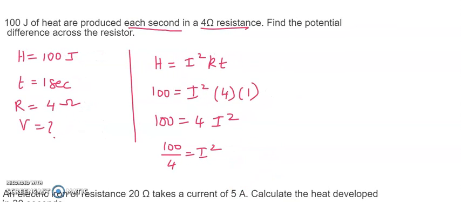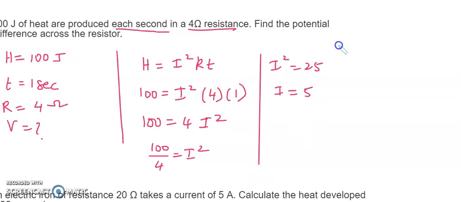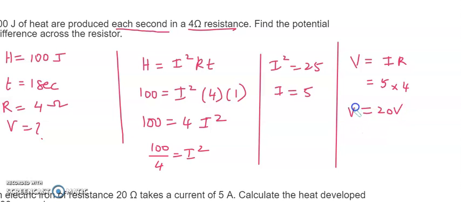So clearly my current is 5, because I² is equal to 25. So I is equal to 5. Now, resistance is 4, current is 5. So voltage by Ohm's law is IR, which is 5 times 4, which is 20 volt.